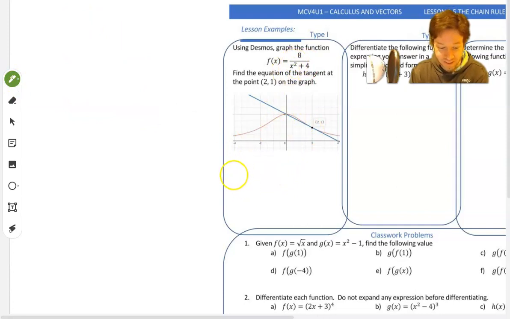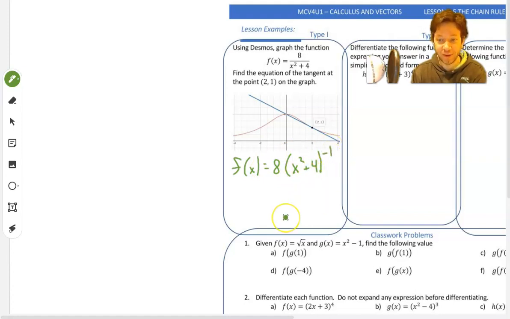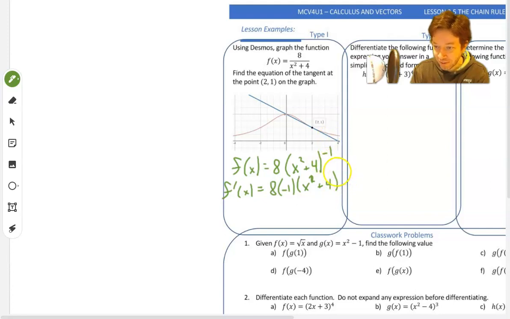But first I'm going to rewrite the function as 8 times (x squared plus 4) to the power of minus 1. So now I can apply the chain rule. The derivative of that function will be 8, so multiply by the exponent, minus 1, times that function x squared plus 4, subtract 1 from the exponent, so minus 1 minus 1, minus 2, and then multiply that by the derivative of the function.